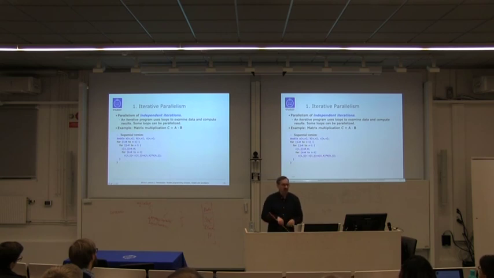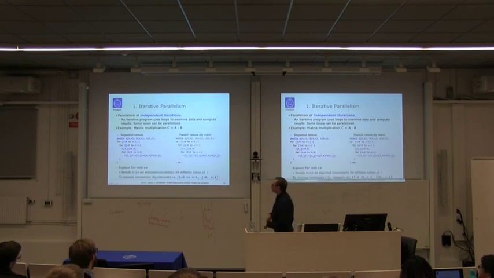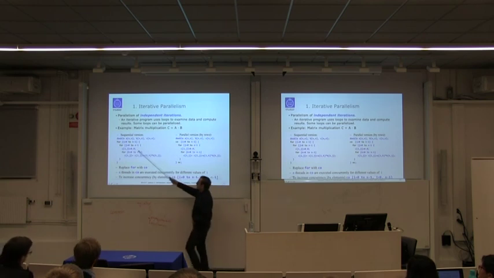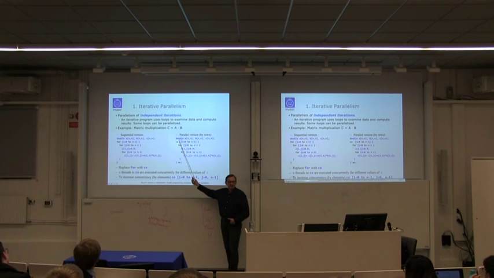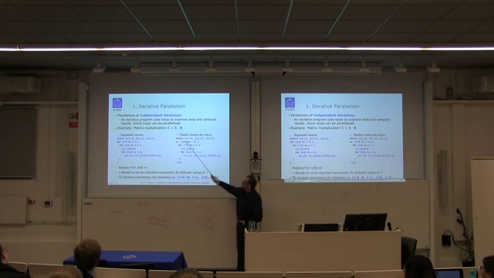Why not replace for with a co statement? That's what I do. So instead of the for statement over here, I put the co statement, the one that I just introduced. Okay? So this co statement will create n threads.